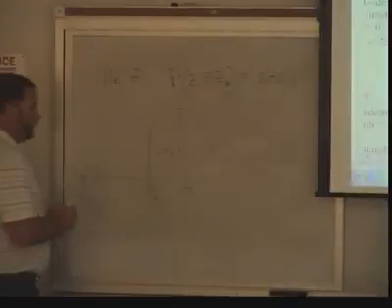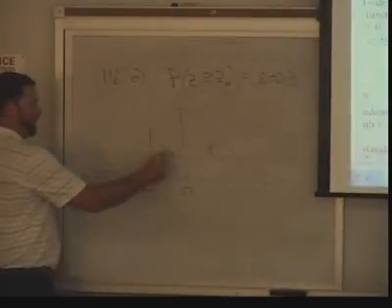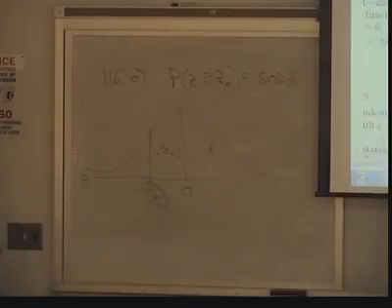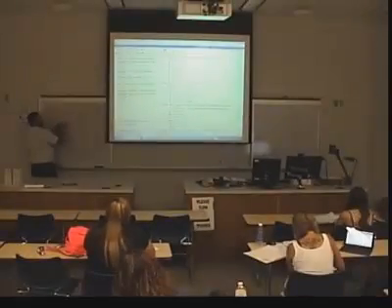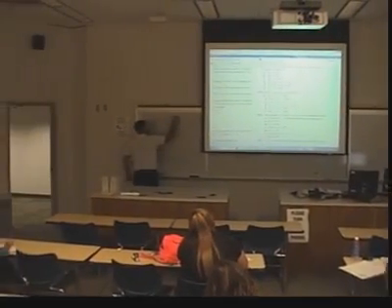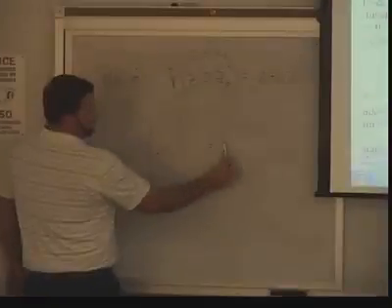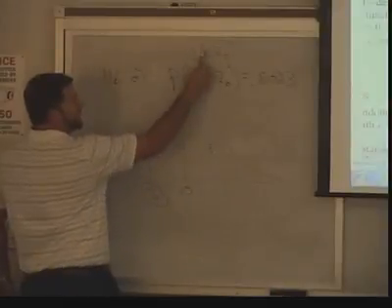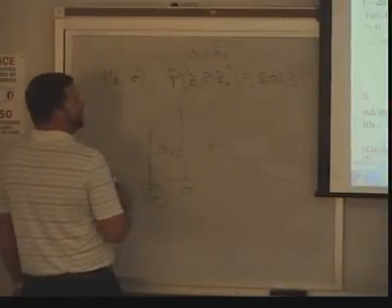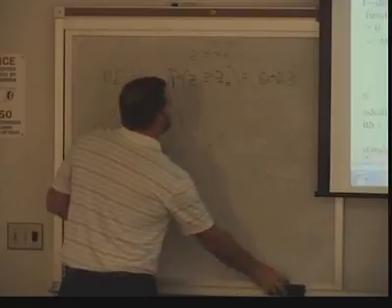So I need to go to the chart and find the z-value that corresponds to 0.3023, but I need to make sure it's negative, right, because it's to the left of 0. If this had been flipped around like this, then the z-naught would be over here, right? Z is less than or equal to z-naught. So that's the opposite side of it.